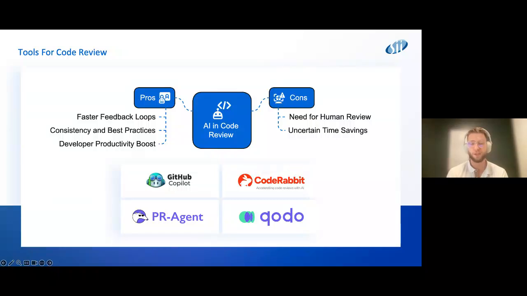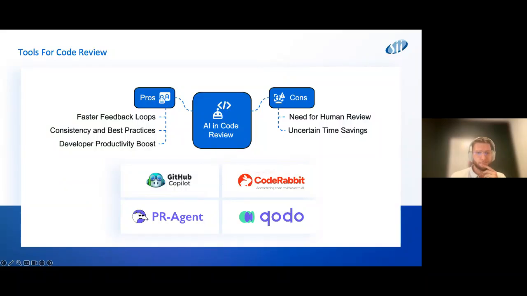We need to have a review from someone, and using AI-based tools like GitHub Copilot, CodeRabbit, and others, it can help us to have an additional check by an additional tool. And of course, now it's tricky to say how much time we can save, because we still need to have human review, but it can help us to at least save some time and avoid potential bugs.